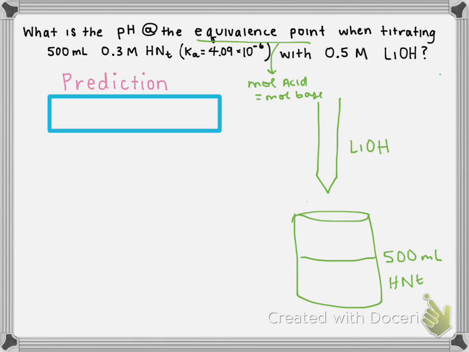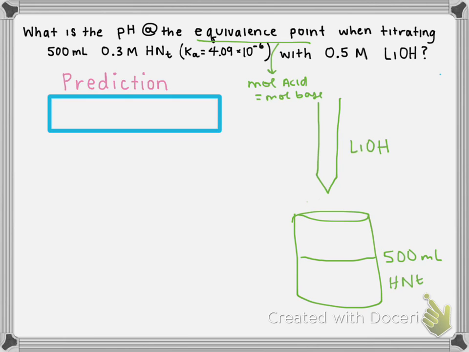And so before we even really start the problem, we can make a prediction about what our pH is going to be at the equivalence point. So we have a weak acid and a strong base. So as we react our weak acid, we'll start making conjugate base. So at the equivalence point, we'll end up having water and conjugate base.